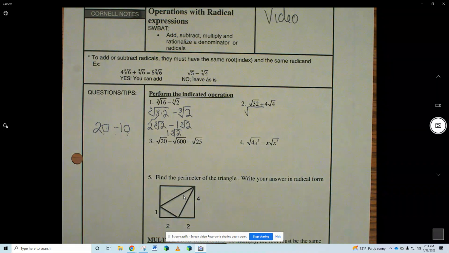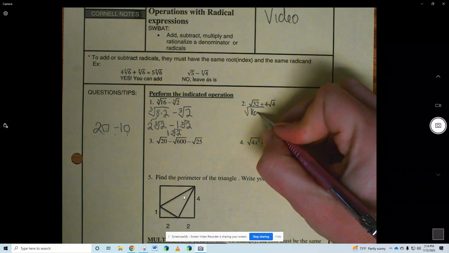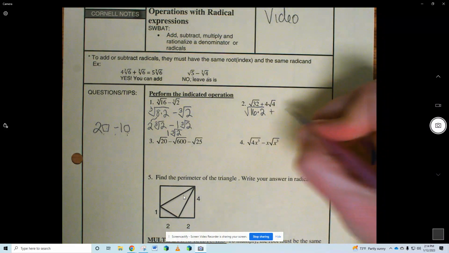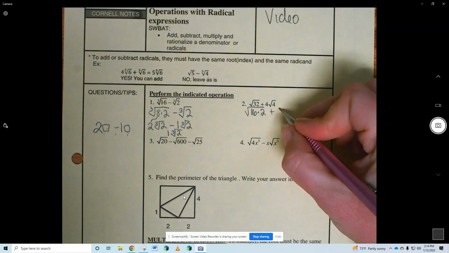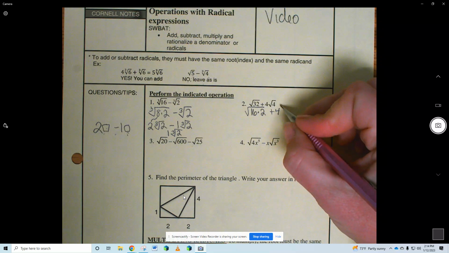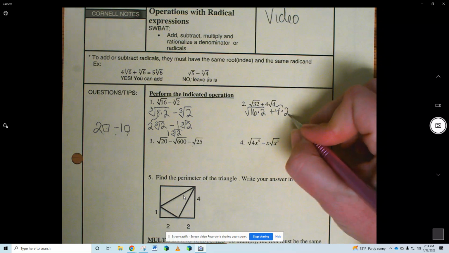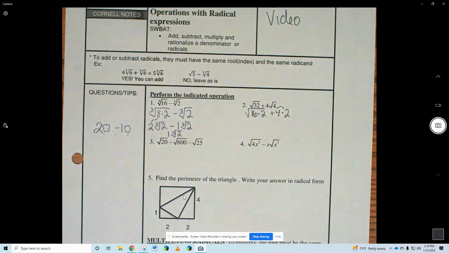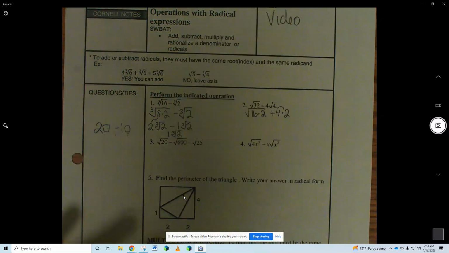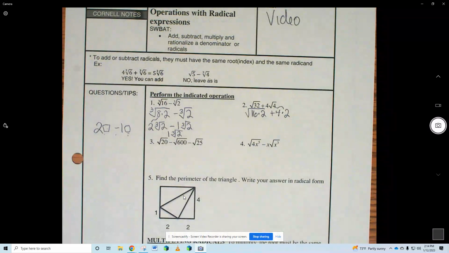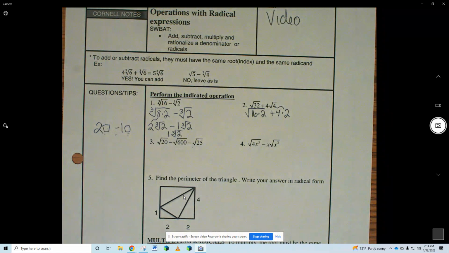Okay. And then, so I'd split up 32 into 16 times 2, but you guys, rad 4 is a perfect square. So that would be just like 4 times 2. So this actually is not going to have any like terms in common.